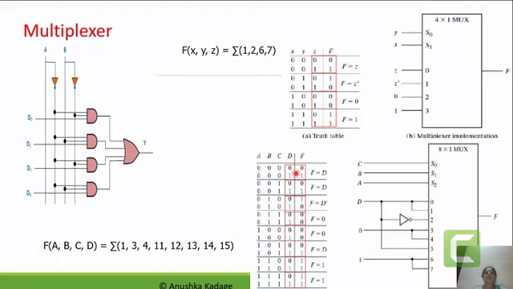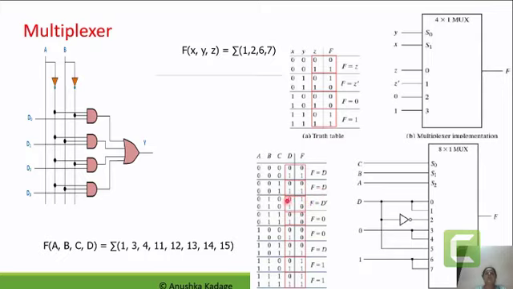So accordingly, we will observe the F and D variable outputs in each of the grouped columns. In the first grouped column, we are finding that F is equal to D. So for the two min terms in the same group, we will assign the output value as the D variable. In the next part also, what we are observing is F is equal to D.